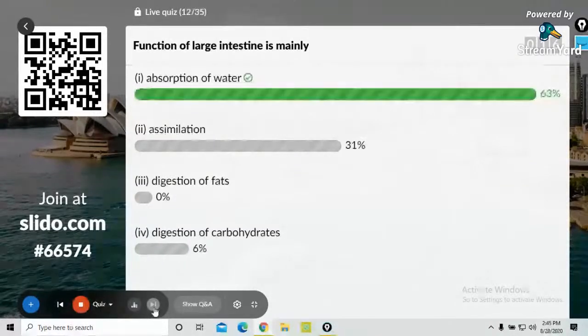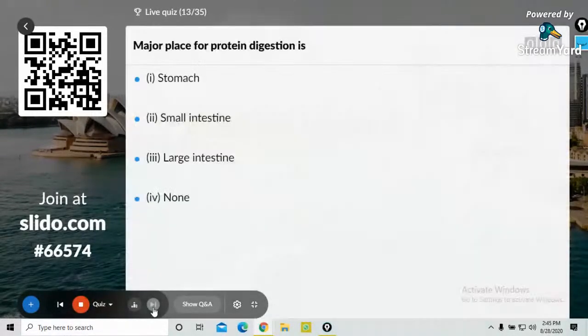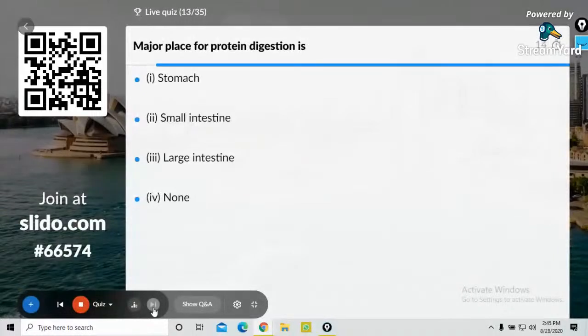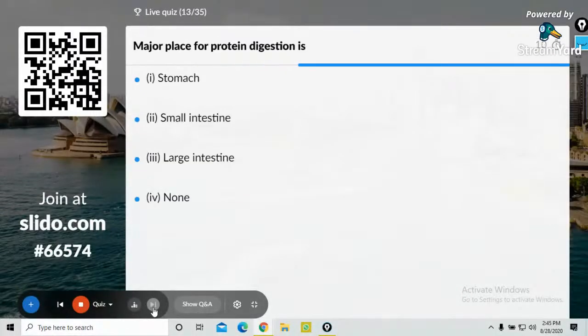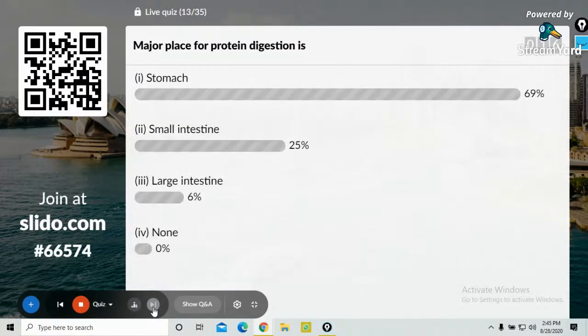Next one on the screen. Major place for protein digestion is stomach, small intestine, large intestine, none. Simple question, even my 10th standard students can answer this perfectly fine. And since yesterday's quiz was NCERT exemplar questions, most of you found it difficult with certain questions. Yes, guys, it is stomach.